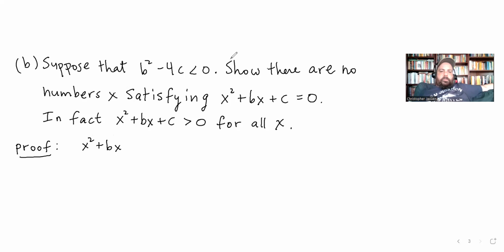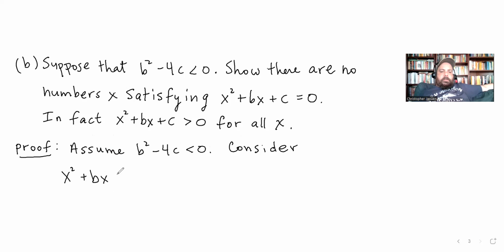Or I should say, assume b squared minus 4c less than 0, and consider x squared plus bx plus c.